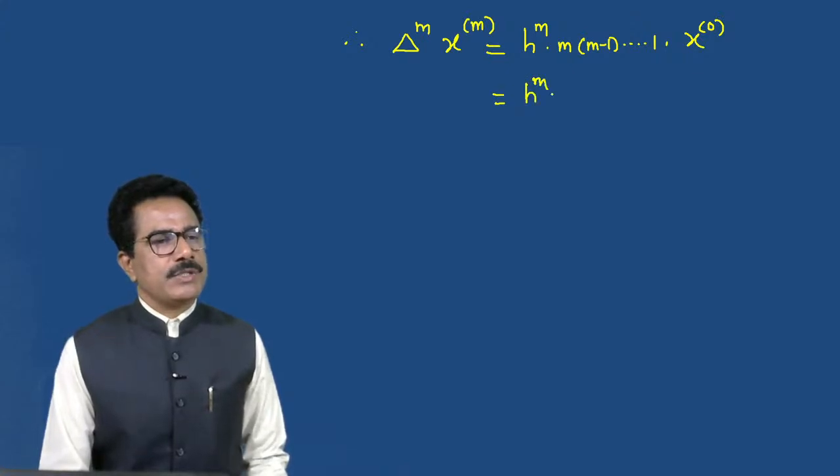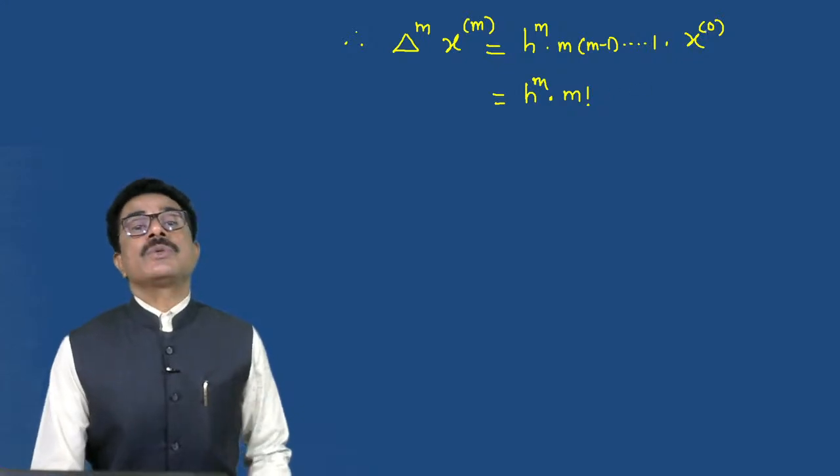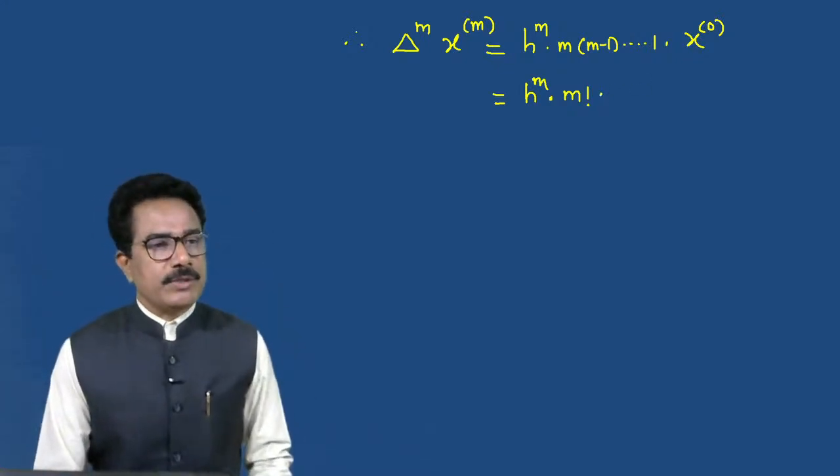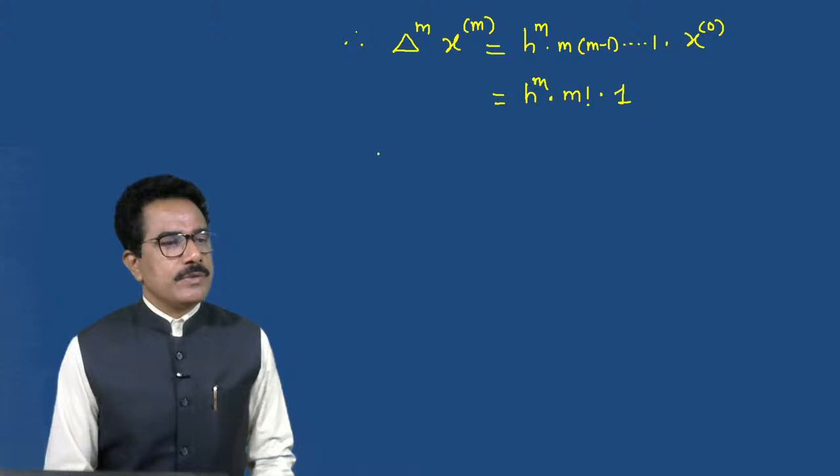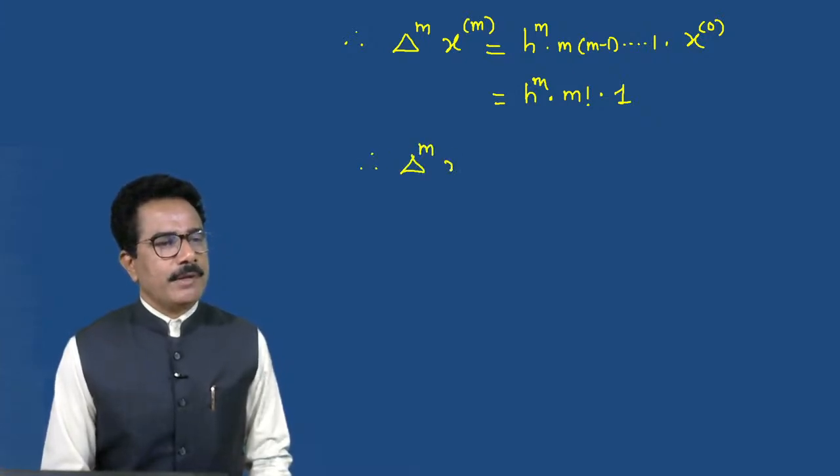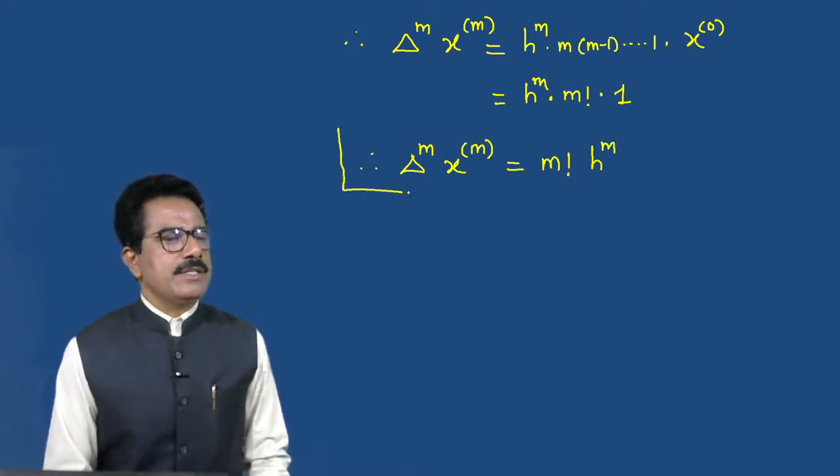So h raised to m into m factorial, and the value of x to the power 0 factorial is 1. So we get delta raised to m x to the power m factorial is equal to m factorial h to the power m, and hence proved.